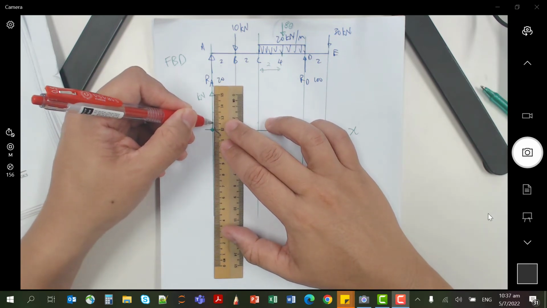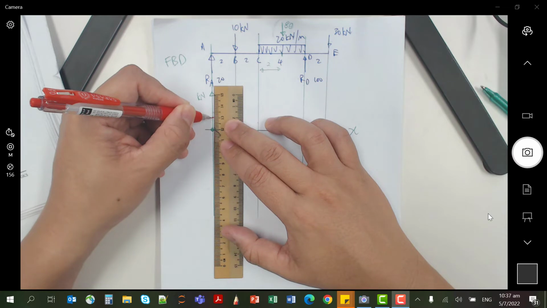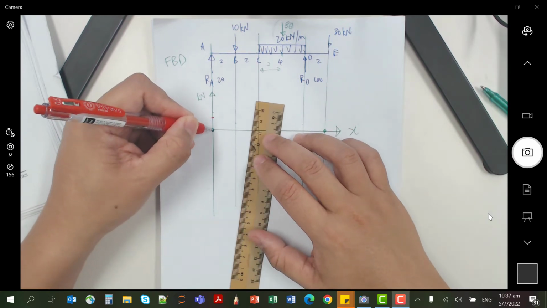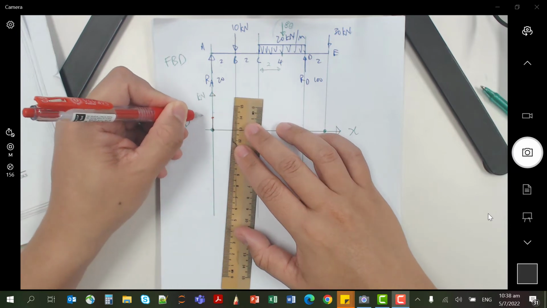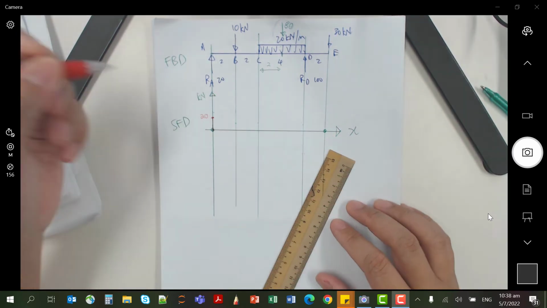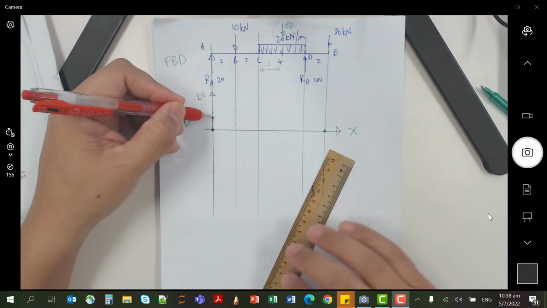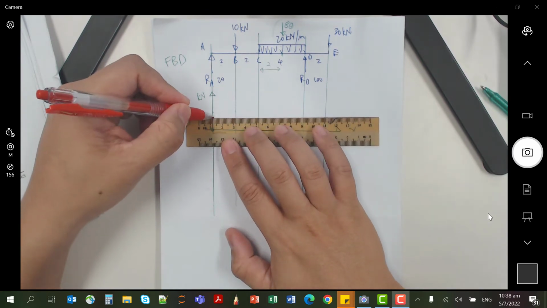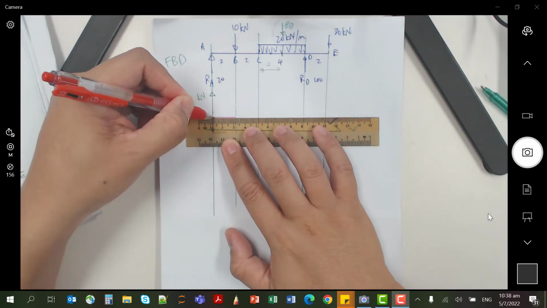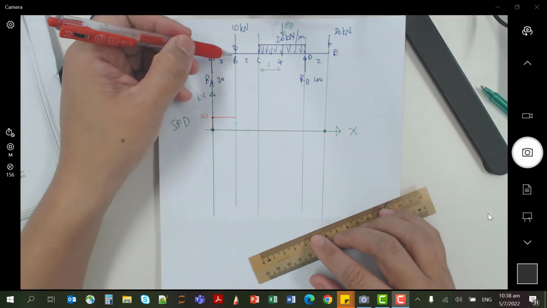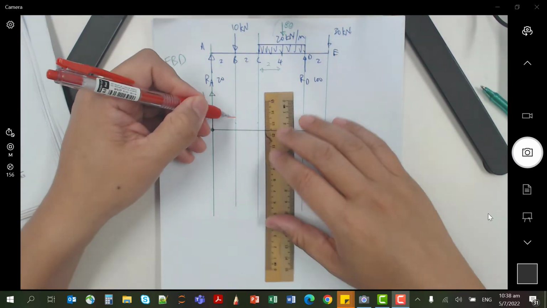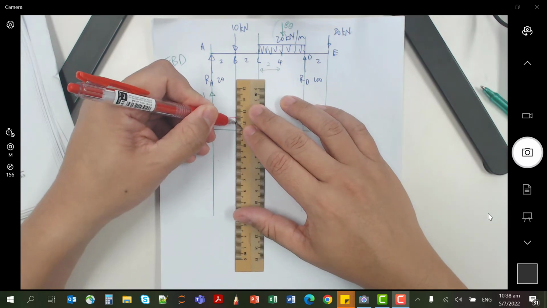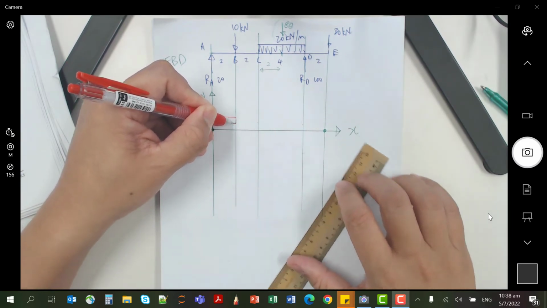So start from 0, it will go up, push up by 20. So this is 20. Then it's going to stay constant at 20. And by the time you reach B, it's going to push down by 10. So 20 pushed down by 10, my new location will be 10.